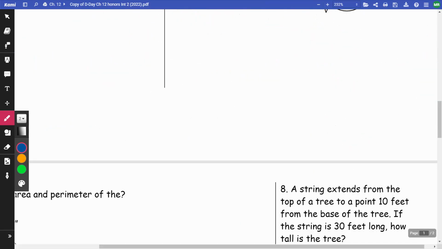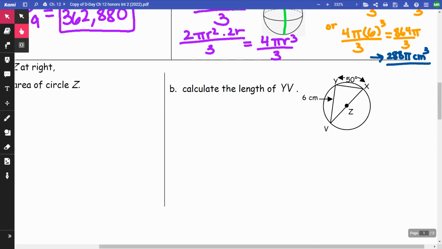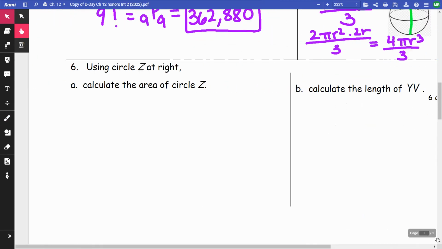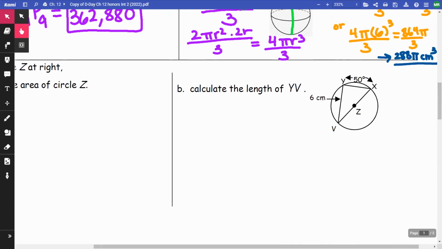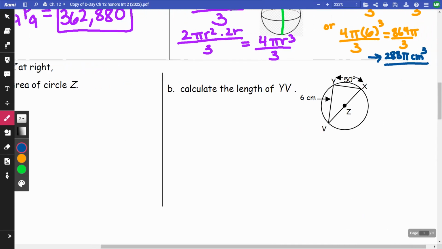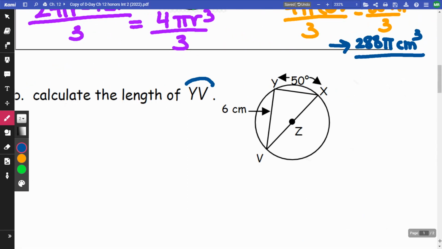On number 6, we want to find the area of the circle. And over here, this is not the length of the segment, it's the arc length is what they want. So to find the area, let me just zoom in here.